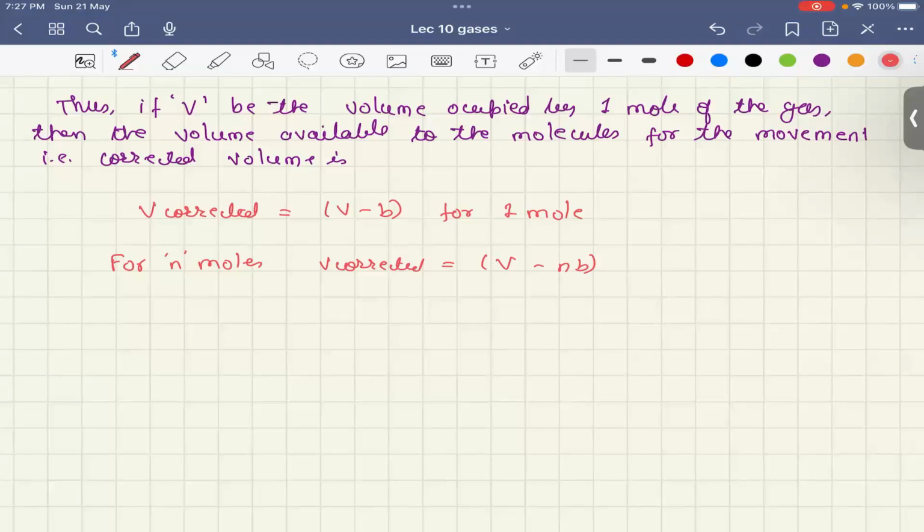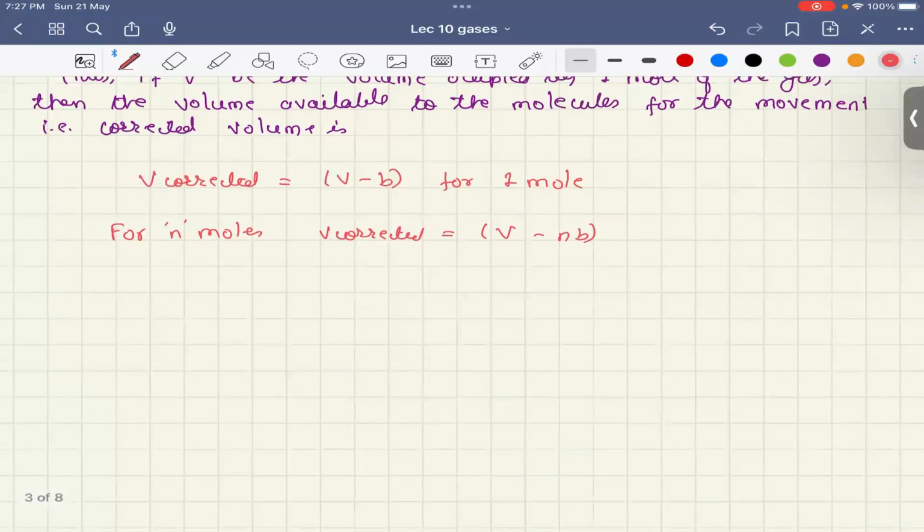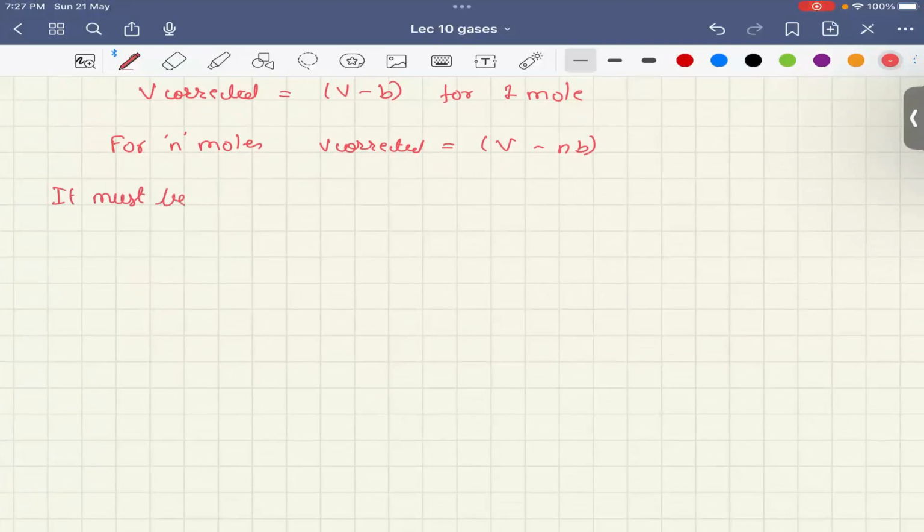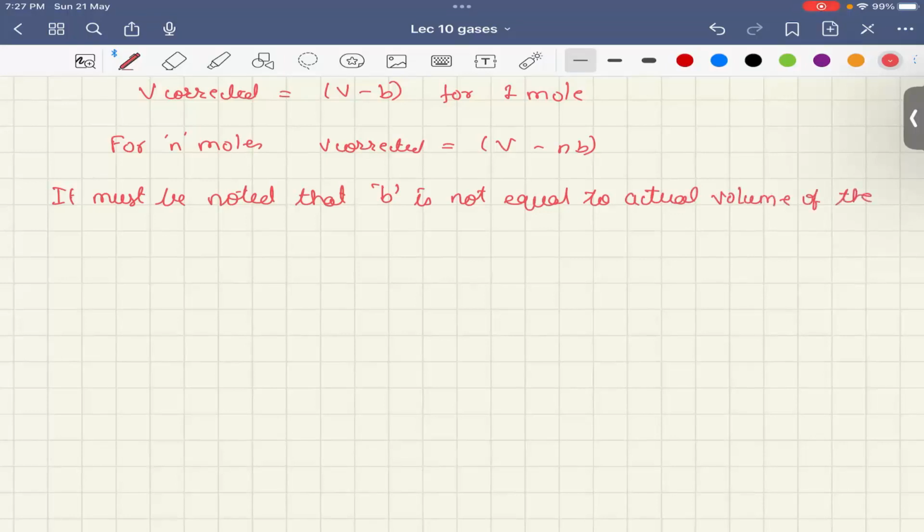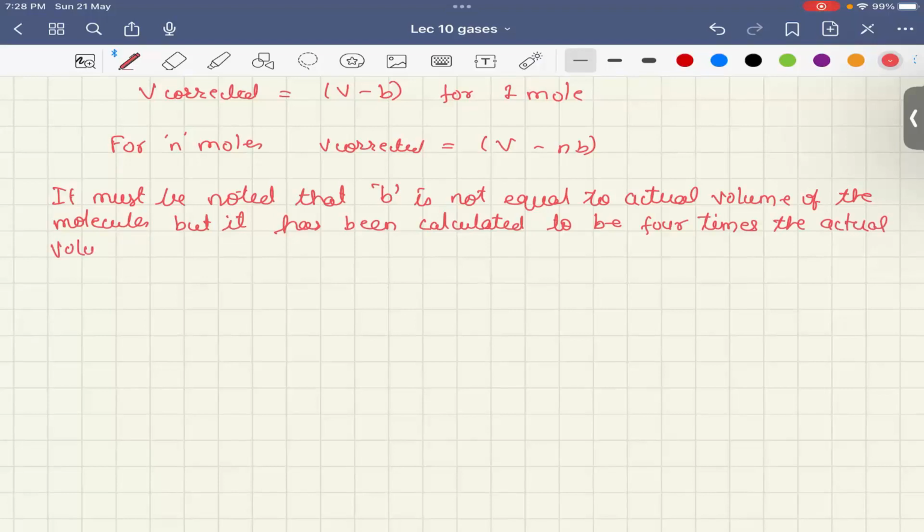It must be noted that b is not equal to the actual volume of the molecules, but it has been calculated to be 4 times the actual volume of the molecules, right?